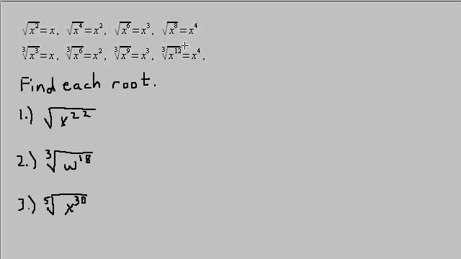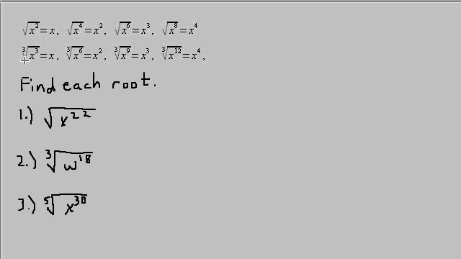So here we have the square root of x squared equals x. The square root of x to the fourth equals x squared. The square root of x to the sixth equals x cubed, and the square root of x to the eighth equals x to the fourth.